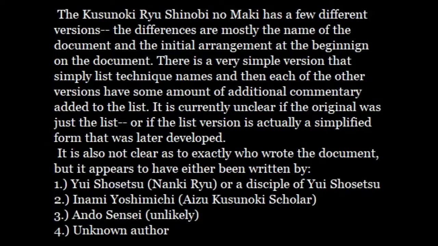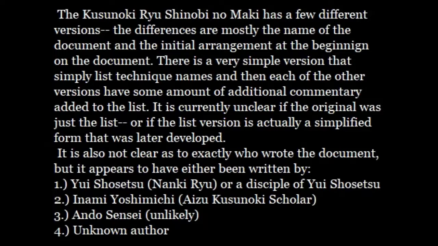The other strong possibility is that it was written by Inami Yoshimichi. He's an Aizu Kusunoki Ryu scholar, one of the main instructors of the Aizu Kusunoki tradition. I also strongly believe that he probably is the author. So it's either 1 or 2.